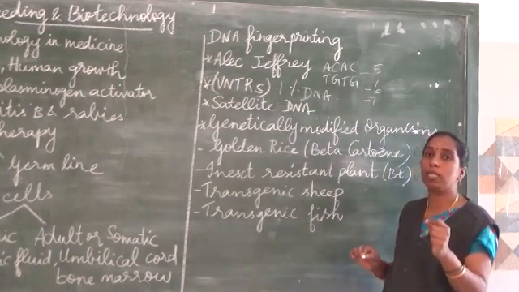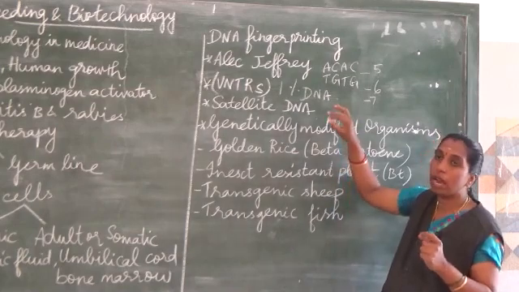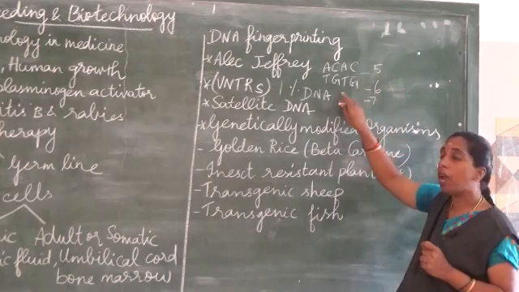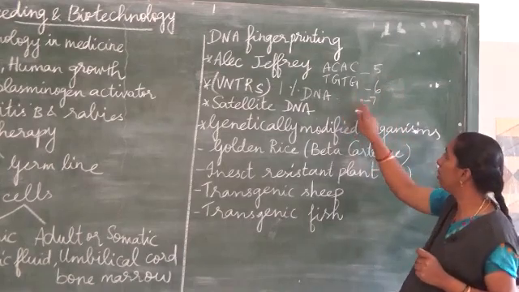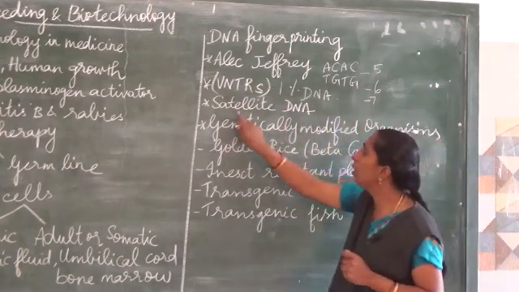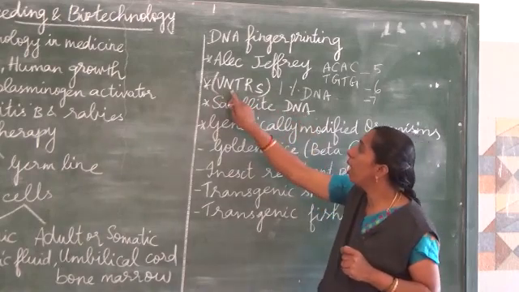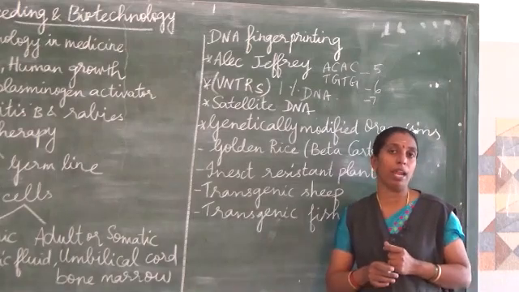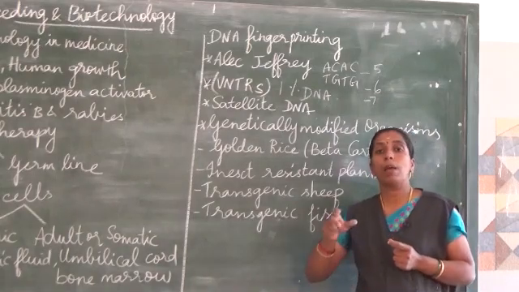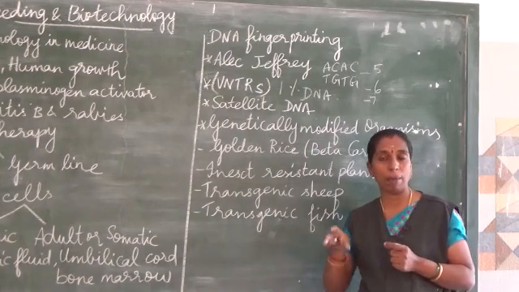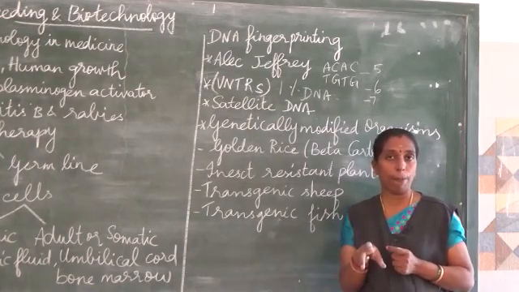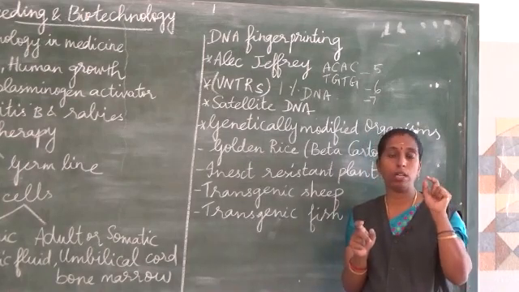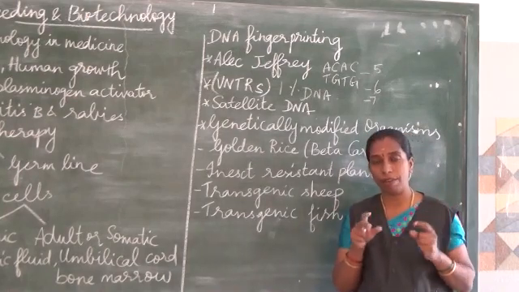Using that 1%, we can find out who has done some crime, who the culprit is. So for one person it can be 5, for another person it can be 6, and for another person it is 7. This is found in satellite DNA, variable number of tandem repeats. So using DNA fingerprinting, we can find out that some crime has taken place and who the culprit is.